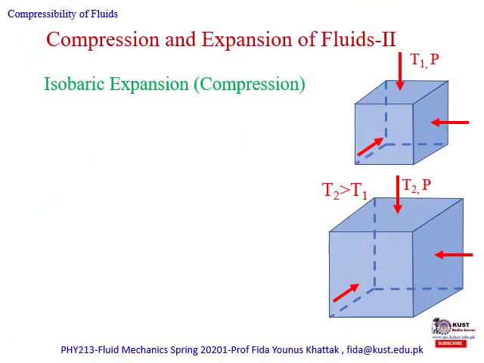At constant pressure, that is the isobaric expansion or compression, you have a fluid body at a certain pressure P and temperature T1. When you increase the temperature from T1 to T2 while keeping the pressure constant at P, you have basically increased the volume from a certain initial value V1 to V2.